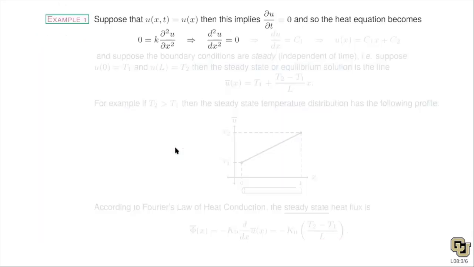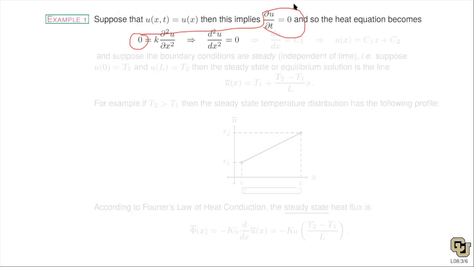So we tried a baby problem. Let's just try to find what the equilibrium solution might look like. Suppose we have a solution U that's not dependent on time. If I assume U is not a function of time, then in my heat equation, on the left-hand side, the partial of U with respect to t will be 0.